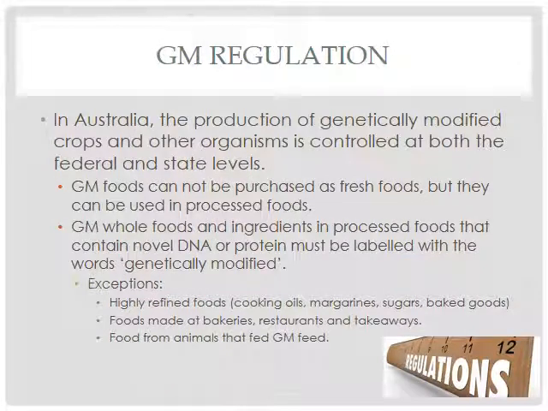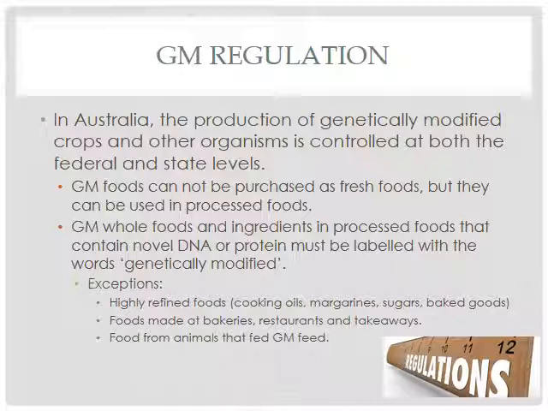With regulation, in Australia and in any country really, you need to regulate the use of genetic modification. And we certainly do have foods that have been genetically modified in Australia. You certainly would be purchasing products at the supermarket that have ingredients that have been genetically modified.